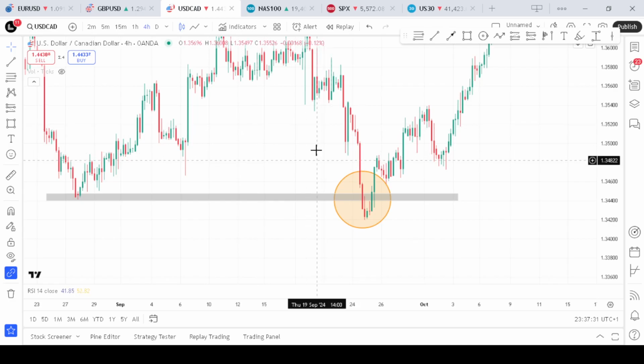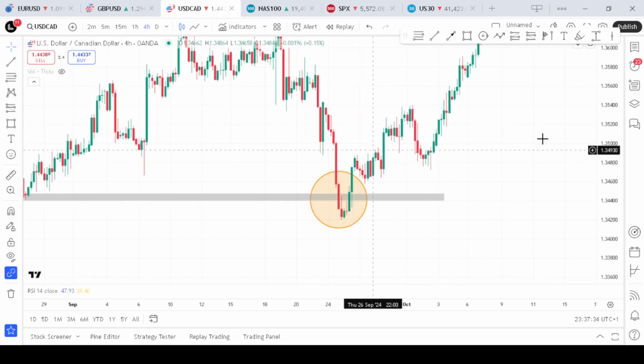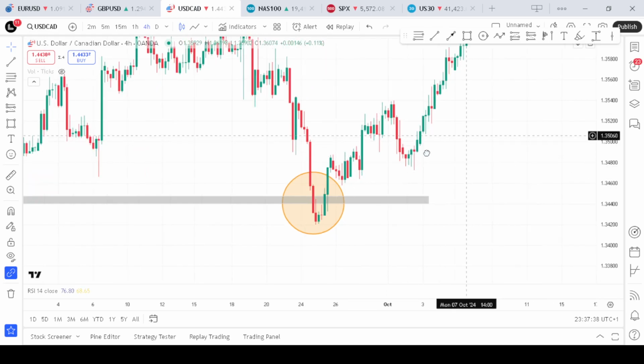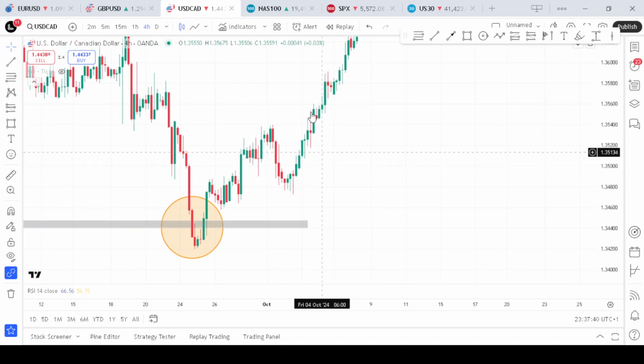Now let's see the types of homing pigeon pattern. While many traders view the homing pigeon as a single pattern, it actually manifests in two distinct variations, each offering unique trading opportunities in different market conditions.